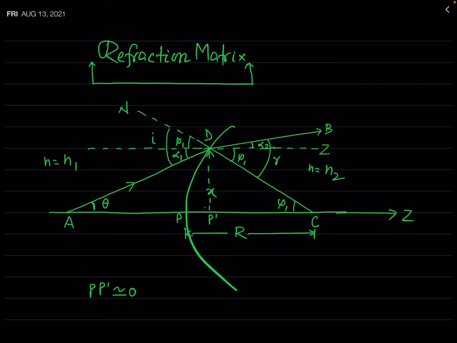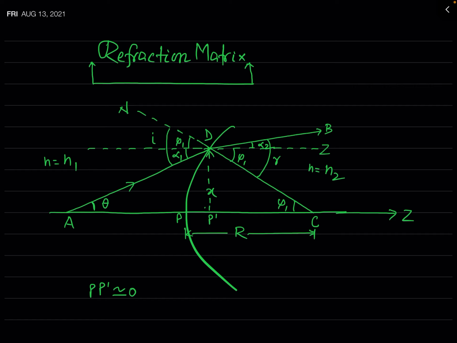And if theta is very small, this point D will be very close to this pole P. So D and P are almost at the same position, although for clarity I have shown this point D far separated from point P. But the actual situation when you consider that AD is a paraxial ray will be that this D will be almost at the position P.